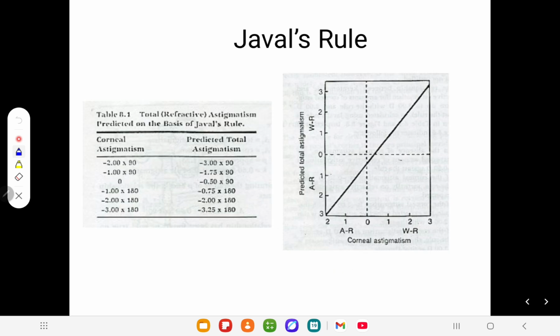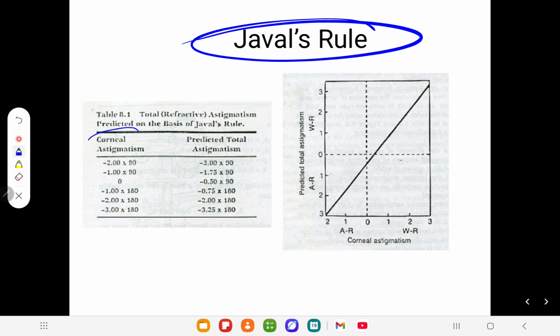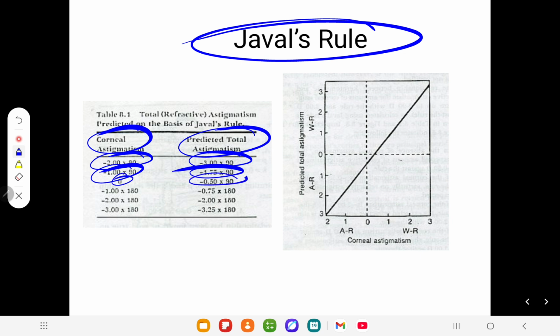So basically, just see this Javal's rule: corneal astigmatism and prediction of total astigmatism. If corneal astigmatism is minus 2 at 90 degrees, then it is about 0.7 diopter higher. At 0, it's against the rule astigmatism. Minus 1, sorry, yes, minus 1 it reduces, isn't it?